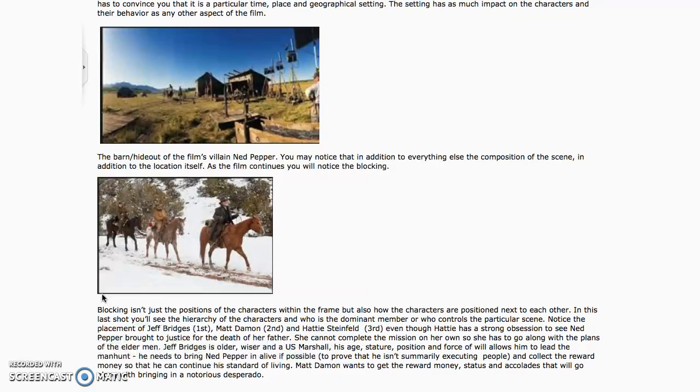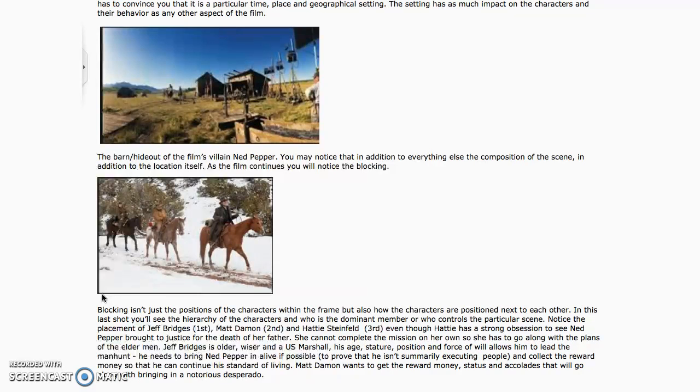So he has to make sure that when he brings this really notorious outlaw in, he's brought in alive. That's one of his goals, as well as to come back alive and to get money from the state, and also money from Hattie Steinfeld's character, who really wants to see Ned Pepper hang for the murder of her father.